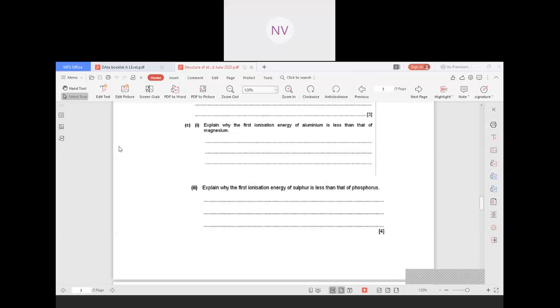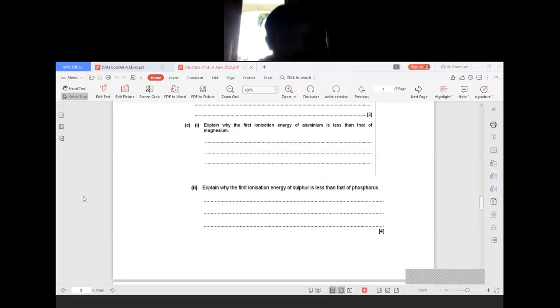Okay, this one. Aluminium is 13, aluminium has 13 electrons.